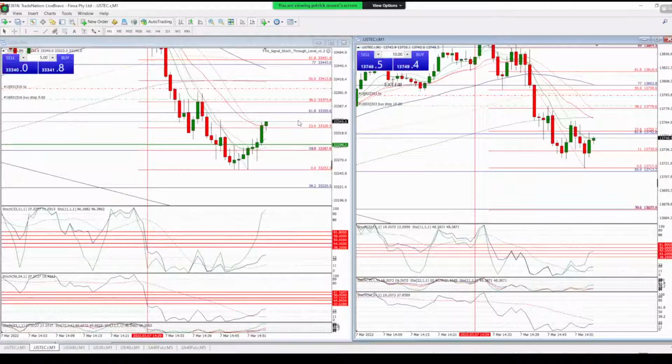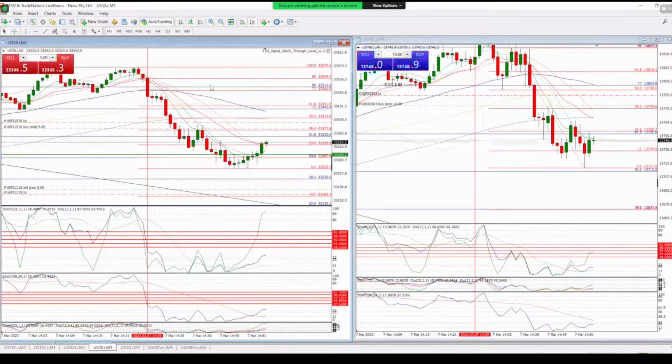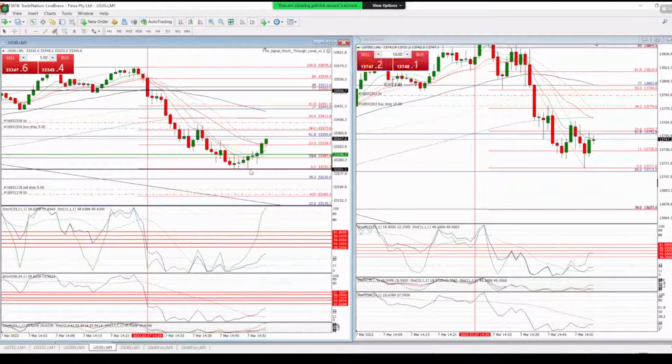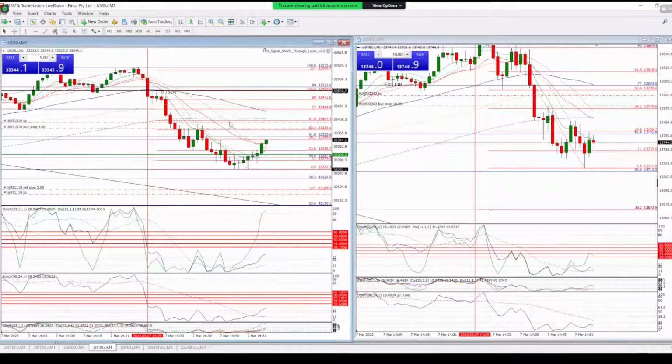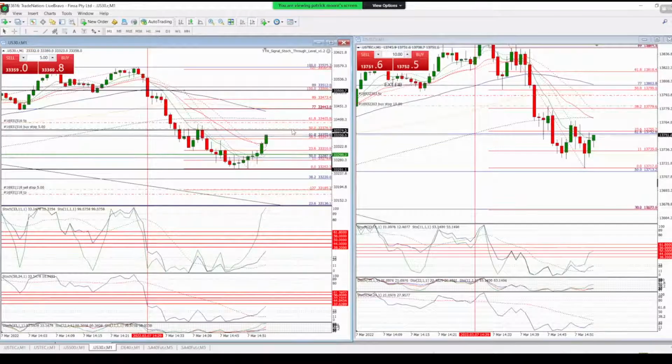Okay, we've got opening range levels. So just above our 50% retracement.